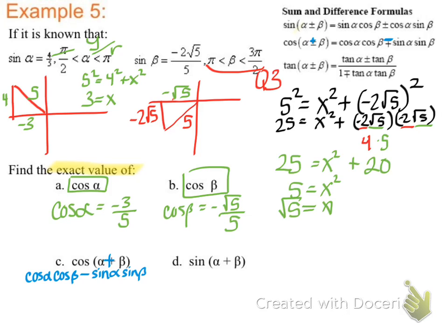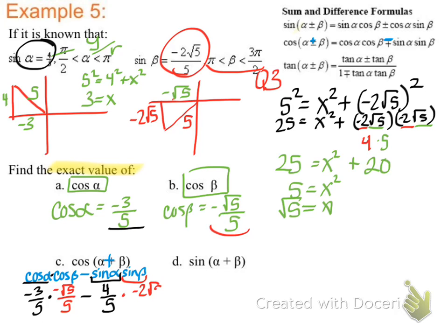I know that the cosine of alpha is -3 over 5 times the cosine of beta. Well, the cosine of beta is -square root of 5 over 5. Subtract the sine of alpha, which is 4/5, times the sine of beta, which is -2 square root of 5 over 5.